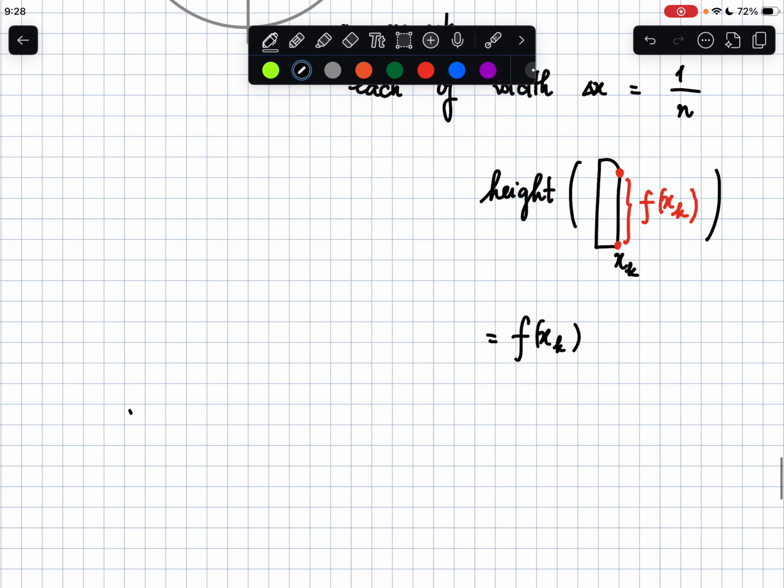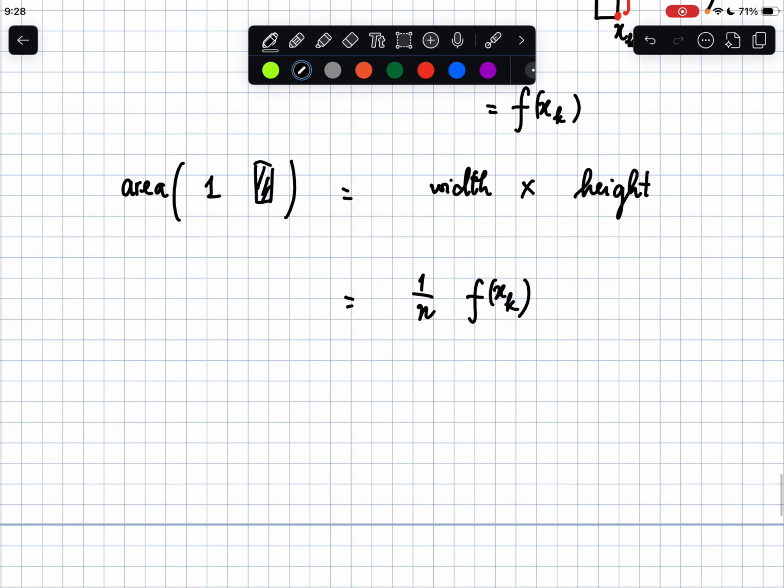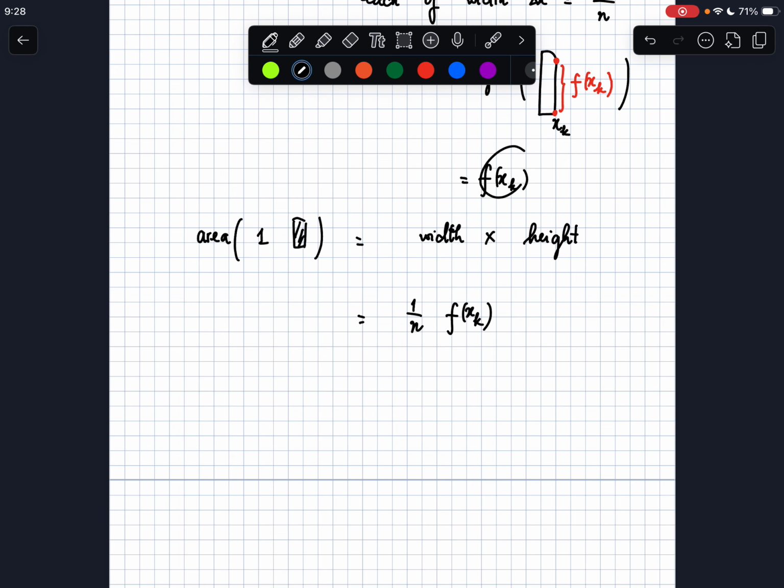So the area of one rectangle equals width times height, equal to 1 over n times f of xk. Now we compute xk and f of xk.